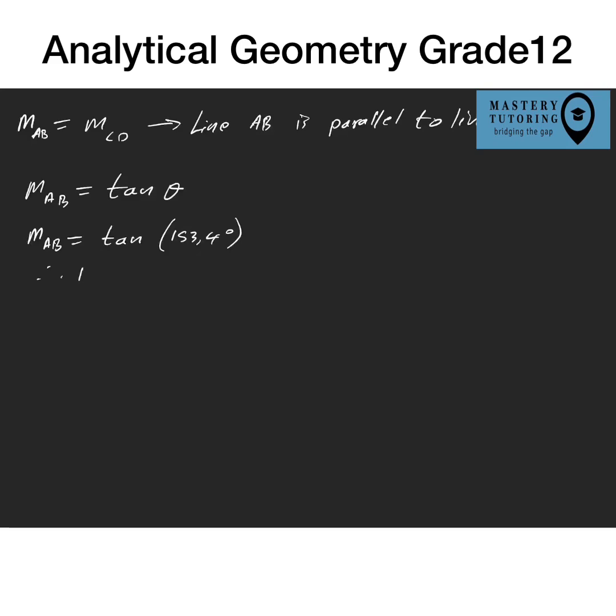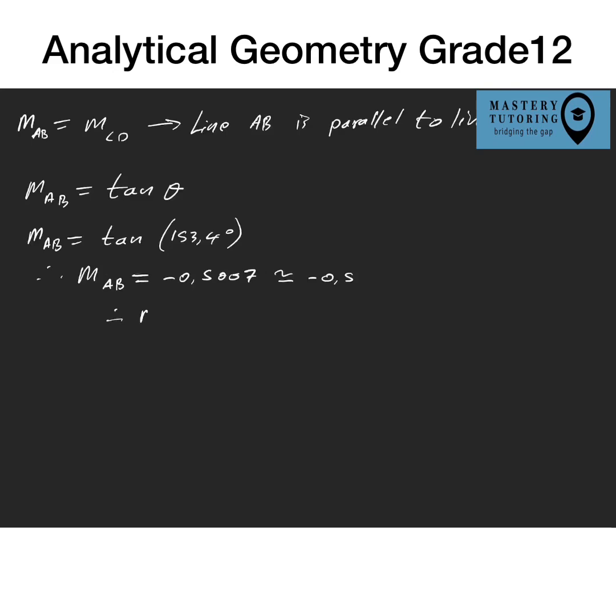Now this gives me a slope. I'm going to use my calculator here because I'll need a calculator for this one. So it gives me minus 0.5007, which is approximately minus 0.5.